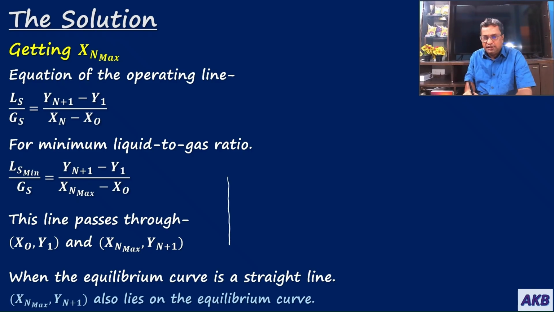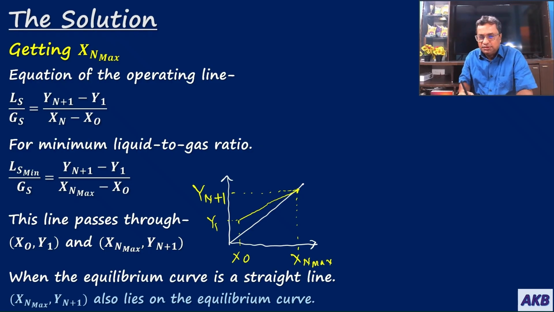When you have a straight equilibrium curve like this, the operating line for minimum liquid to gas ratio, with this being Y1 and this being X0, will be touching the equilibrium curve at this point, and the coordinates of this point will be Xn max and Yn+1. So this point, whose coordinates are Xn max and Yn+1, lies on the equilibrium curve. Therefore, it should satisfy the equation of the equilibrium curve.